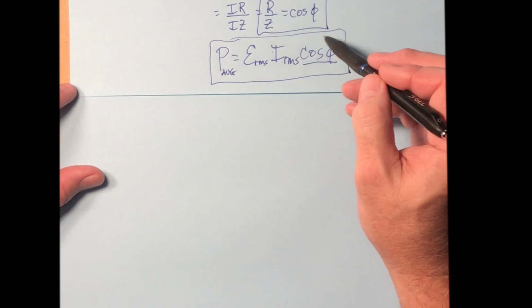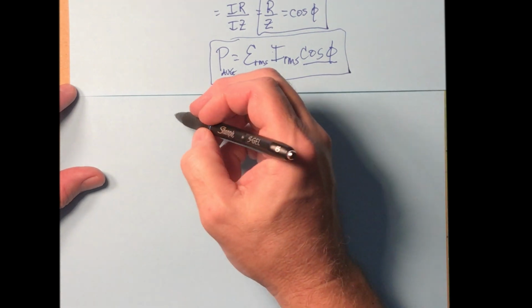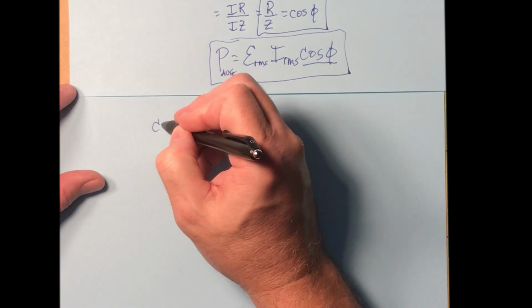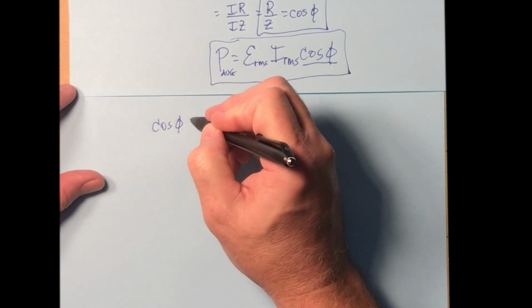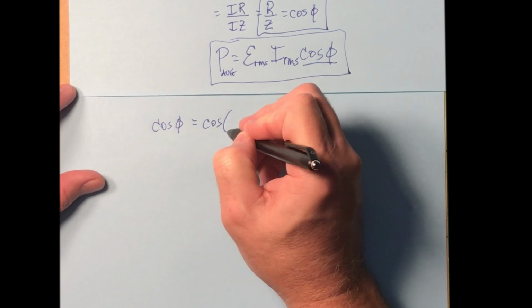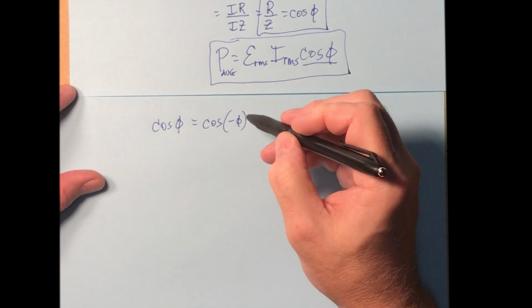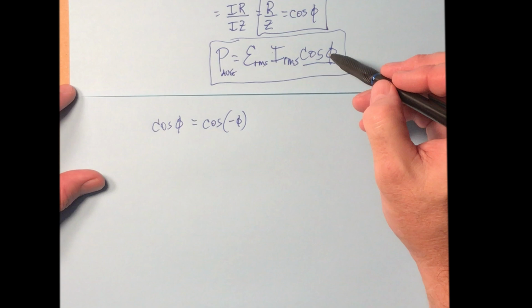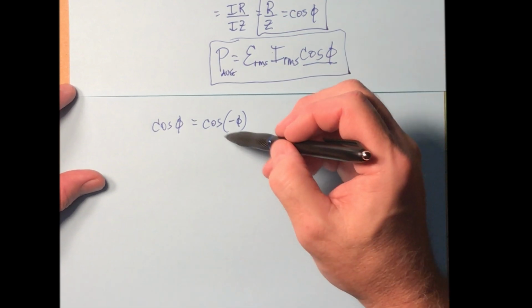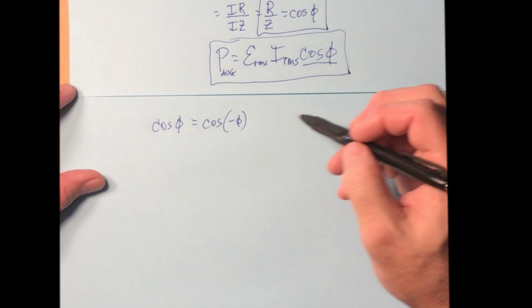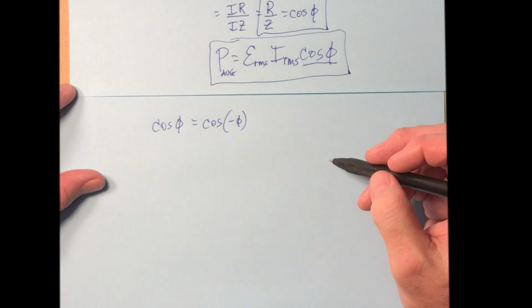I mean, that's the maximum it could be. But from trig, you probably recognize that cosine of phi is the same thing as cosine of minus phi. So the sign of phi doesn't really play a role here in the power factor because of this trig identity.